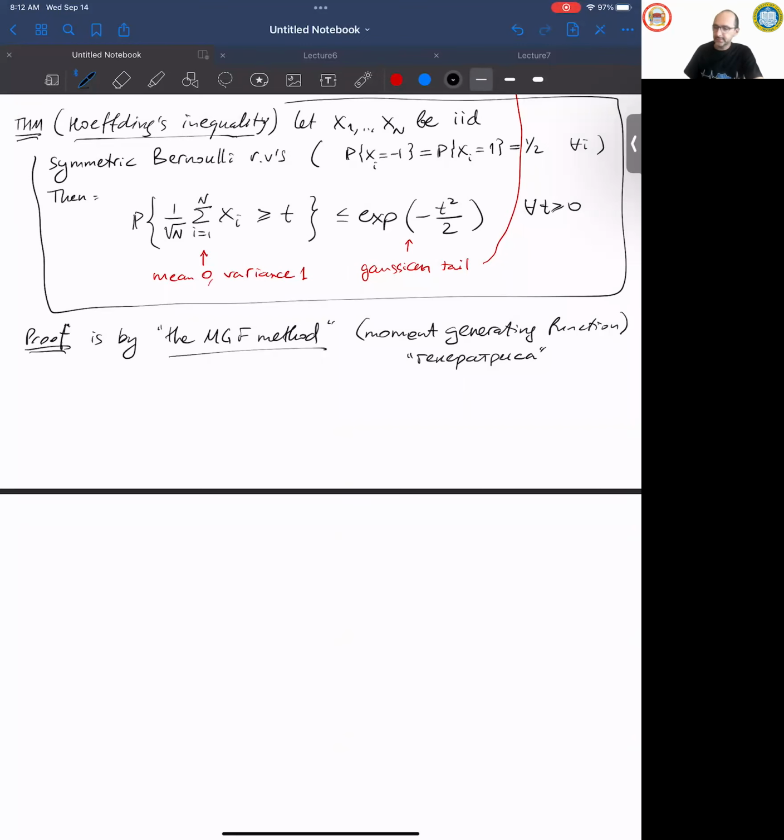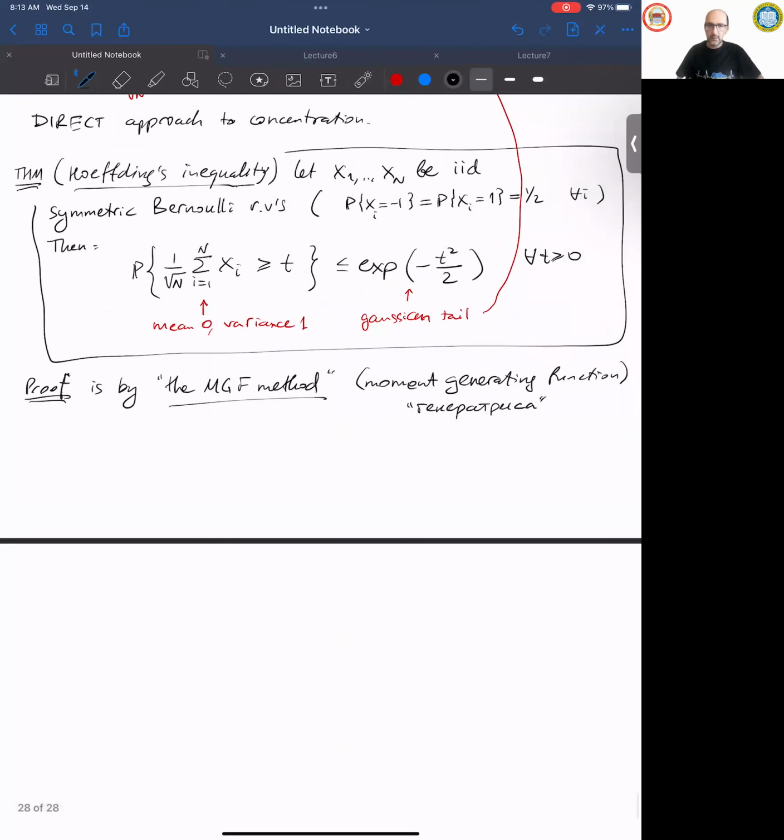Okay, so here's how it goes. Remember Markov's inequality. That's our first basic approach. Markov's inequality says that we can always bound this probability by the expected value divided by t. Why is it not what we want? Because dividing by t gives us just a linear rate, 1 over t, and we want a much better rate.